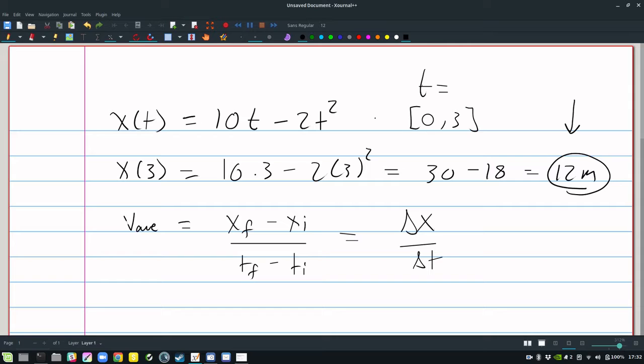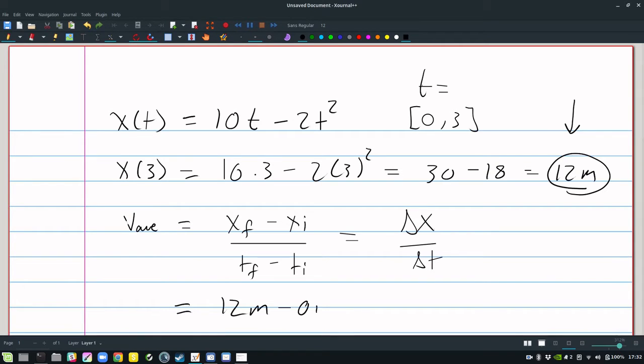So t initial is 0, but if you place a 0 for t, then you get 0 minus 0 here. And so I think overall the position is 0 if you place 0 for the t variable there.